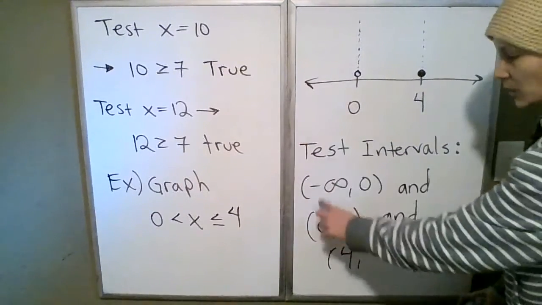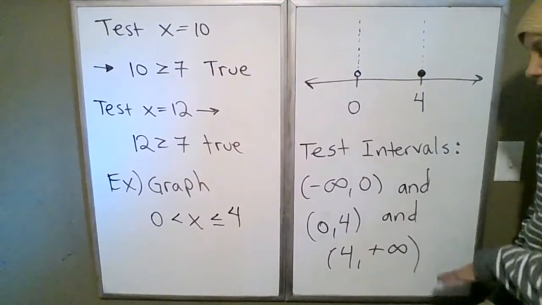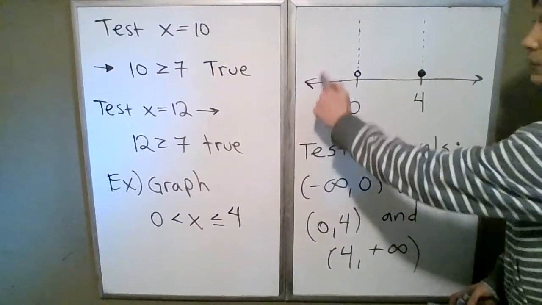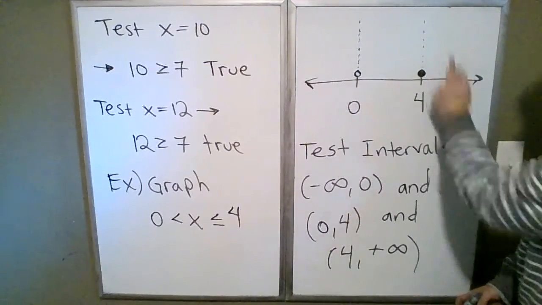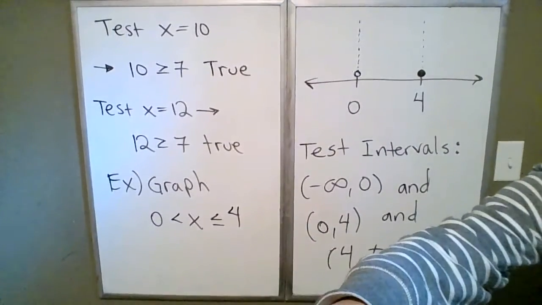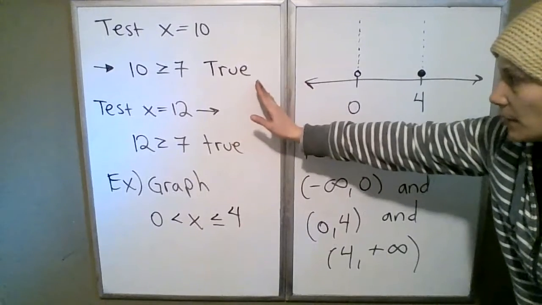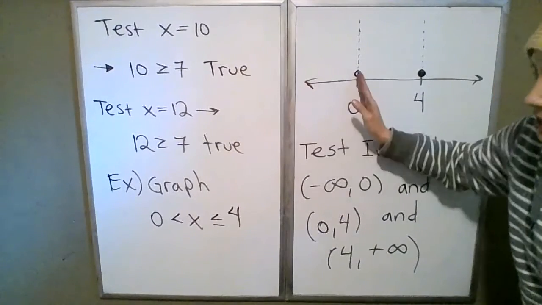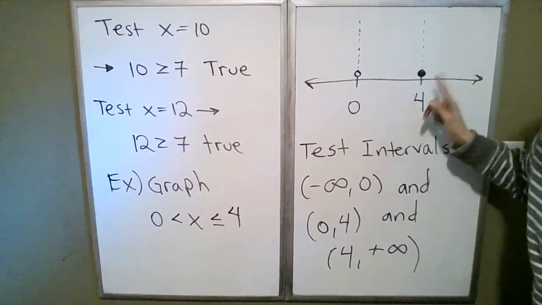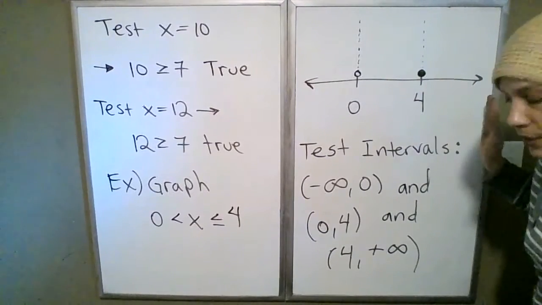And then you want to pick test points from each interval. When they're true, you can shade over it. If it's false, don't shade over it. And we really only need one test point from each of these pieces. And it can be any point, just as long as it's a number that's less than 0. Then we need to pick some other number between 0 and 4. And then we need to pick some number, whatever number we want, as long as it's greater than 4.